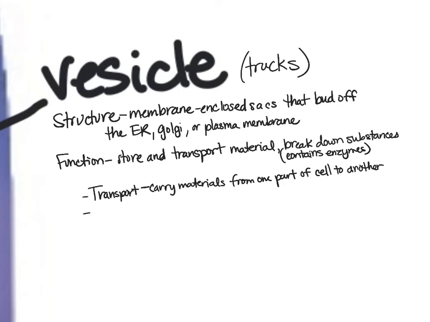Now, when we're talking about those that are able to break down substances, we have a couple we'll talk about. So lysosomes are one that are able to break down substances. These are found in animal cells only. And lysosomes contain enzymes that digest most molecules.